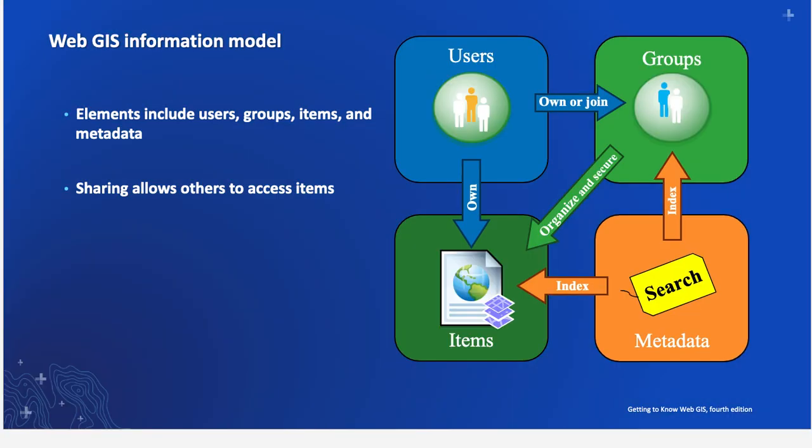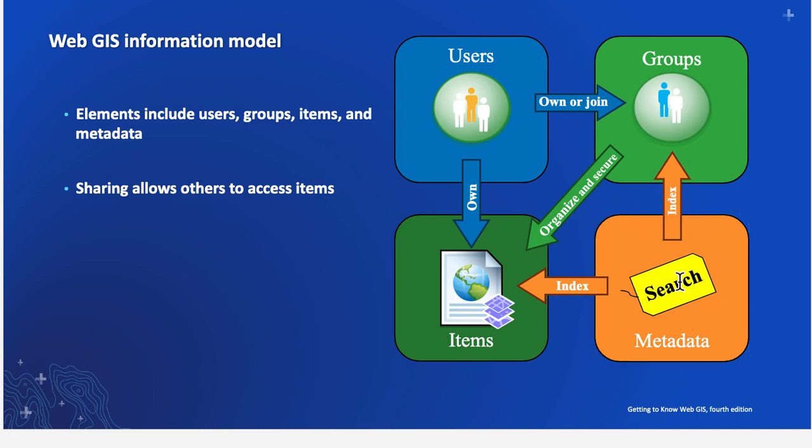So this is the WebGIS information model, and the WebGIS elements include users, groups, items, and metadata. Users with necessary privileges can create and join groups, and users sign in to create and share content items such as a large variety of data, web layers, tools, web maps, and web apps.